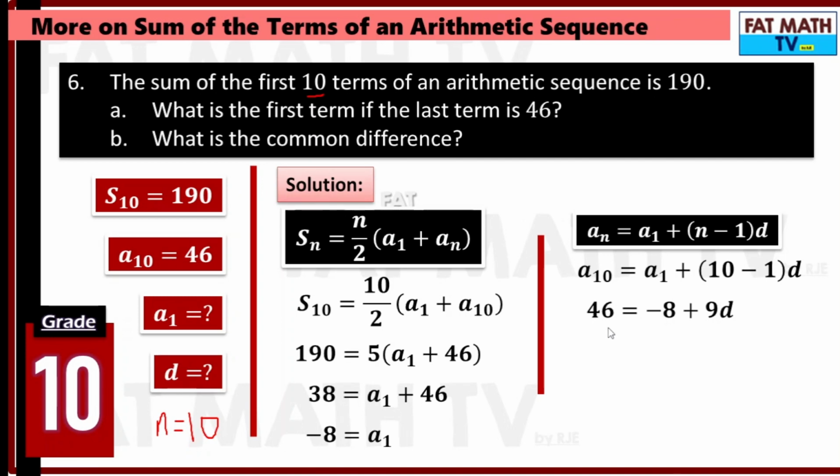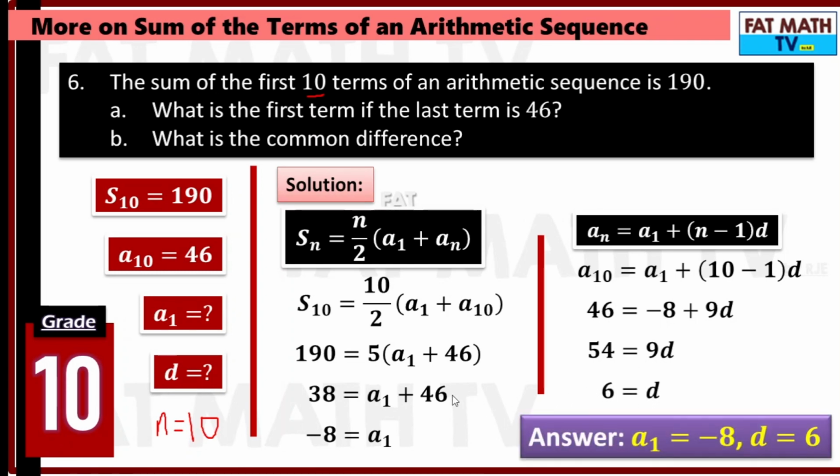And then how do we solve this linear equation? Add 8 to both sides of the equation. 46 plus 8 is 54. So 54 is equal to 9d. Divide both sides by 9. 54 divided by 9 is 6. So the common difference is 6. So the first term is negative 8 and the common difference is 6.